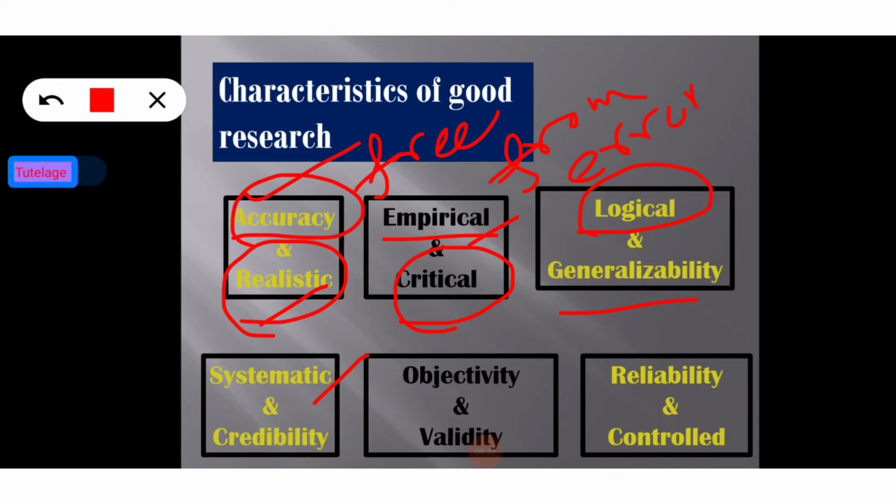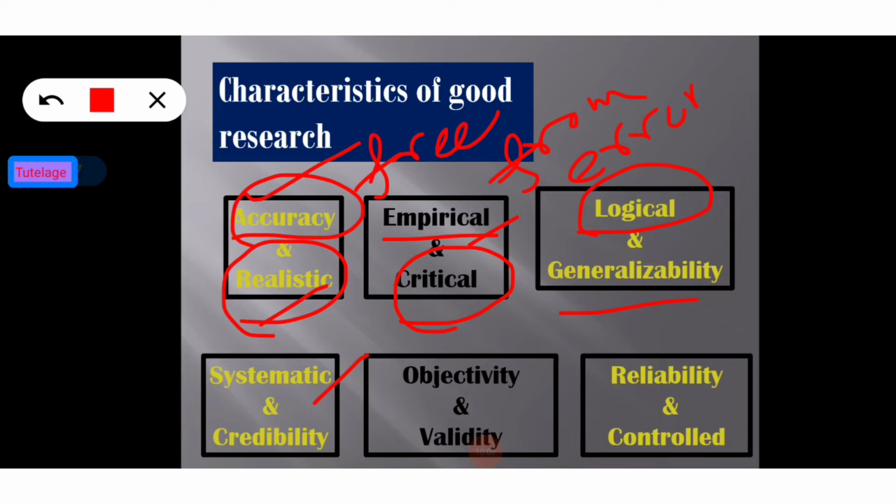We have already said research is the systematic, in-depth study of something in search of some new information. So every research should be systematic. Systematic is one of the most important characteristics of good research.